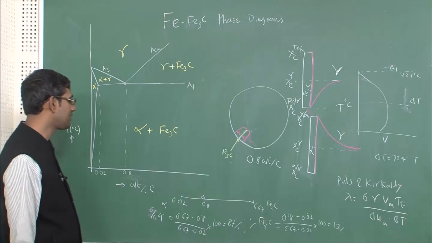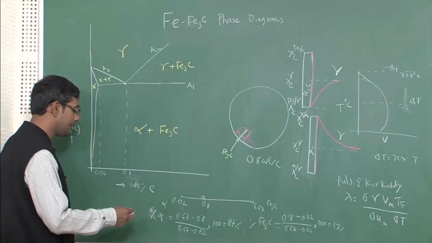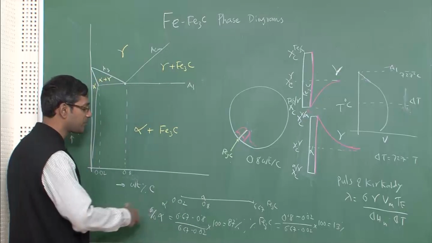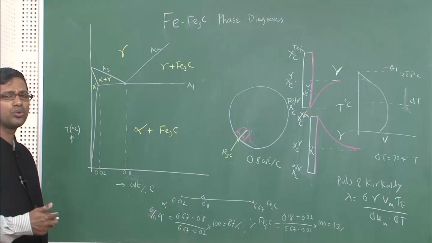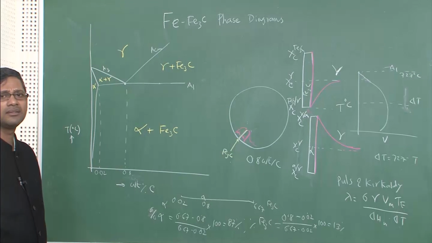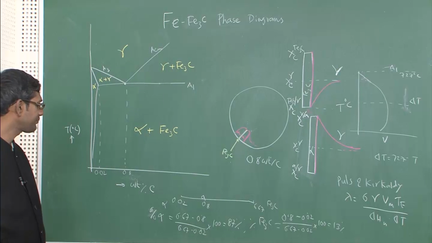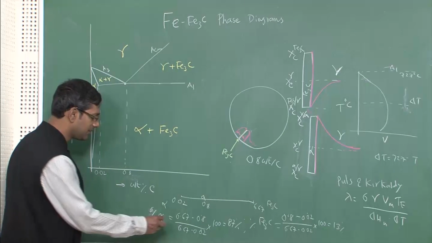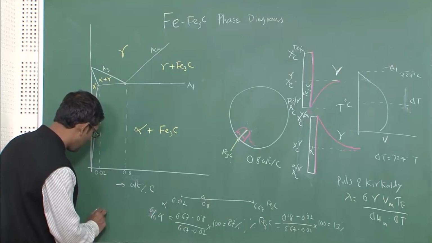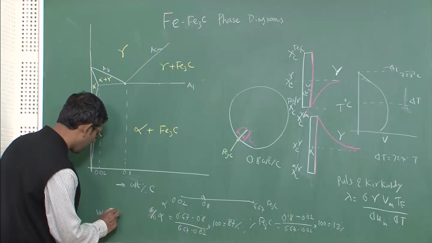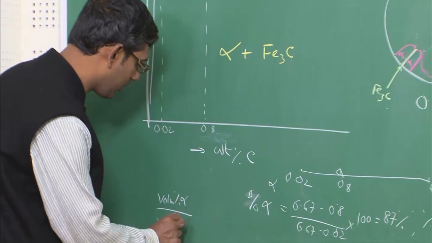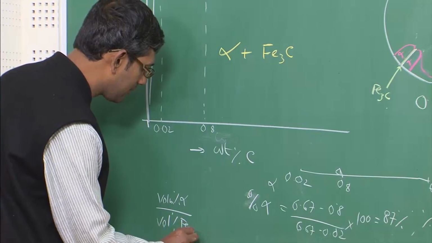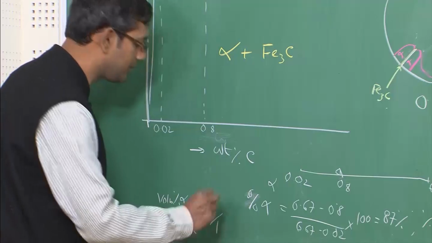So that is why we say it is the ratio between volume fractions. If we assume the densities of alpha and cementite are almost similar, close to 7.8 or 7.9, not much difference, then the volume percentages of alpha and cementite will be 7:1.